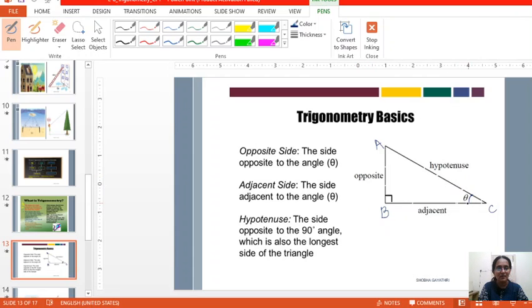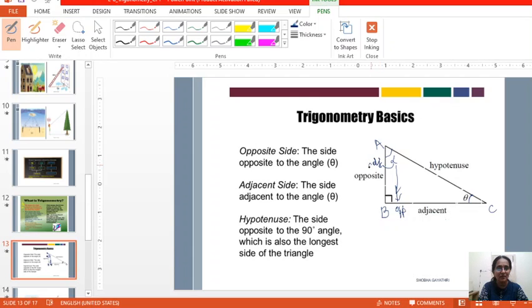When we are considering angle theta, the adjacent side is BC. Now when we are considering alpha, the opposite side is BC. Which is the adjacent side? Here AB is the adjacent side.